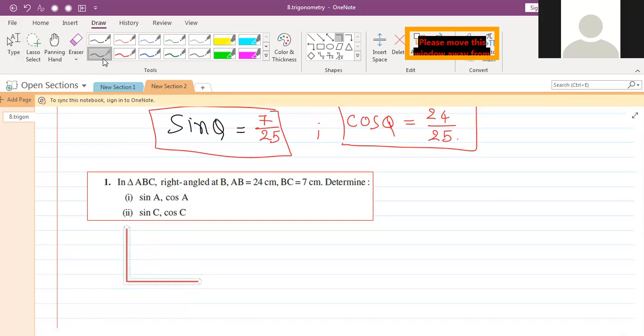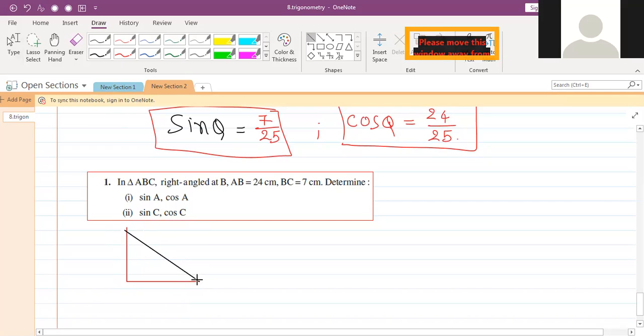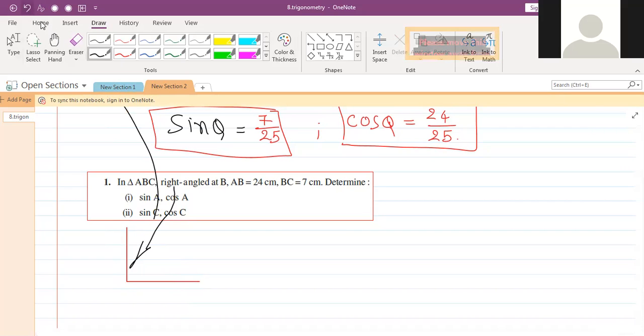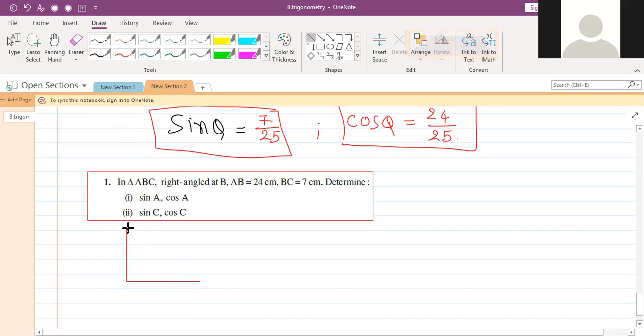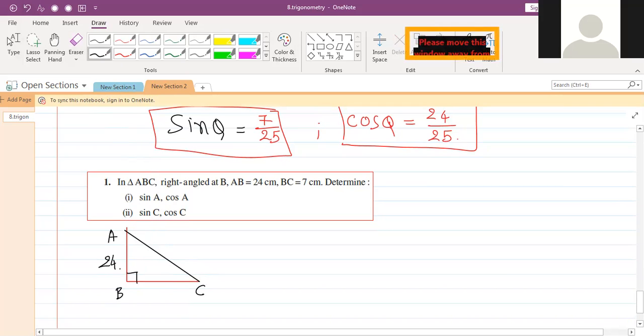So here we can draw the triangle with angle B a right angle, and here we take A and here we take C. AB is given 24, BC is given 7, and we have to find the value of sine A, sine C, and cos C.